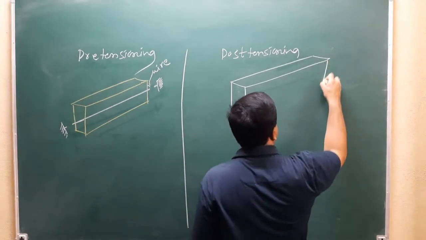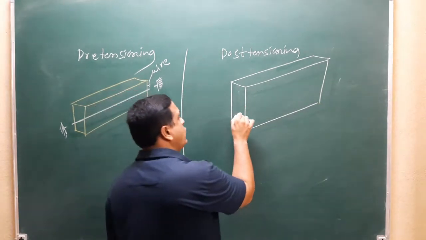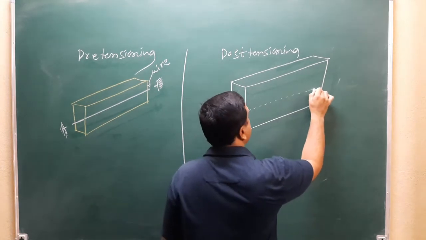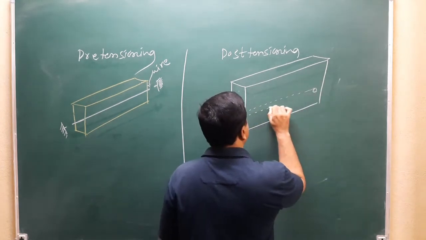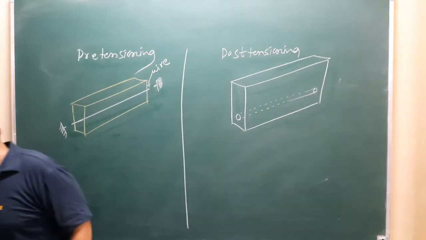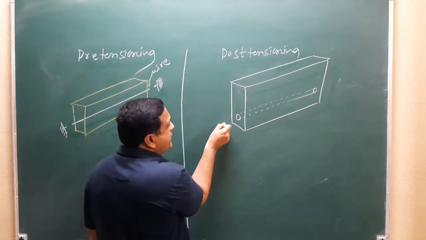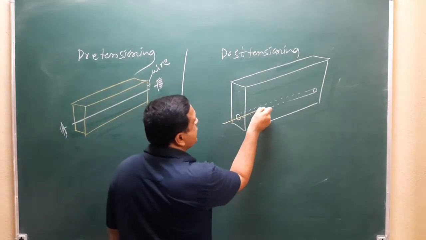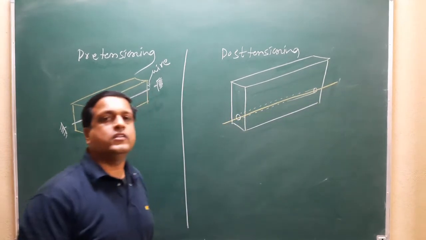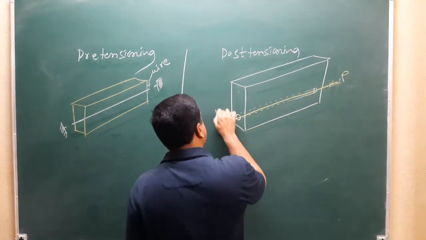But while casting the beam, you have to provide one hole in that beam. Okay, and after that you have to insert the wire in that hole, and then you have to stretch the wire.